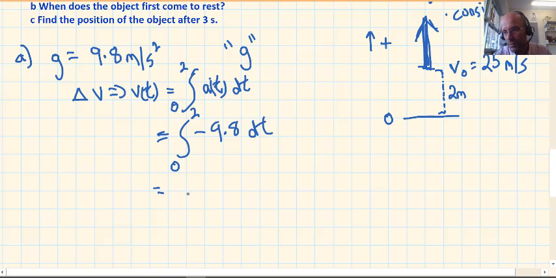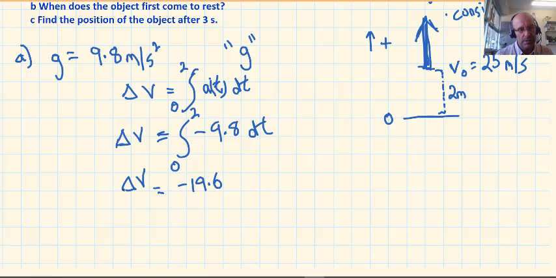Alright, and so we do our definite integration, and we'll get negative 19.6. So just before I said the change in velocity implies the velocity as a function of time, we need to do a step here.